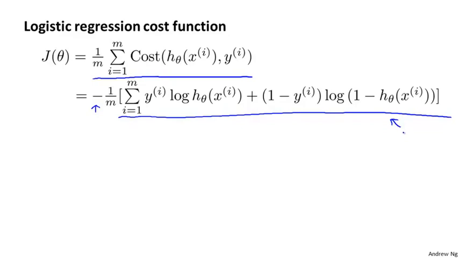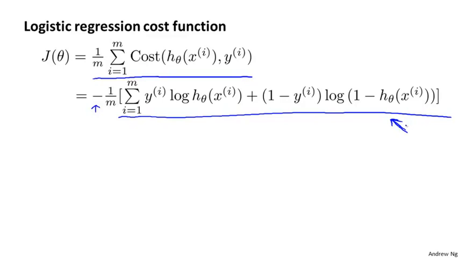It also has a nice property that it is convex. So this is the cost function that essentially everyone uses when fitting logistic regression models. If you don't know what the principle of maximum likelihood estimation is, don't worry about it. There's just a deeper rationale and justification behind this particular cost function than I have time to go into in this class.